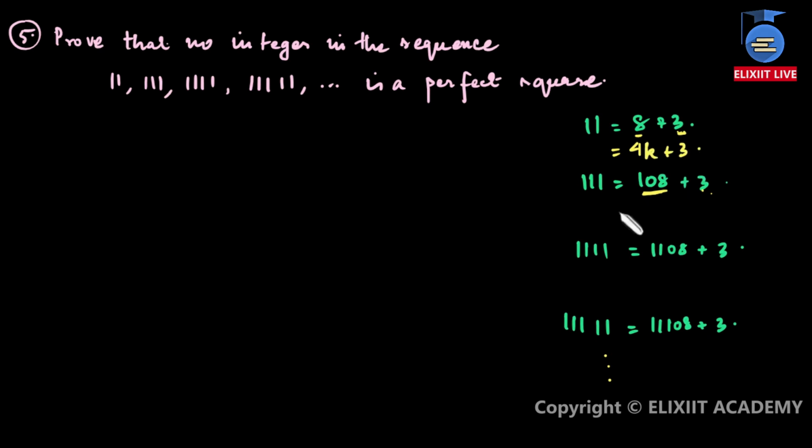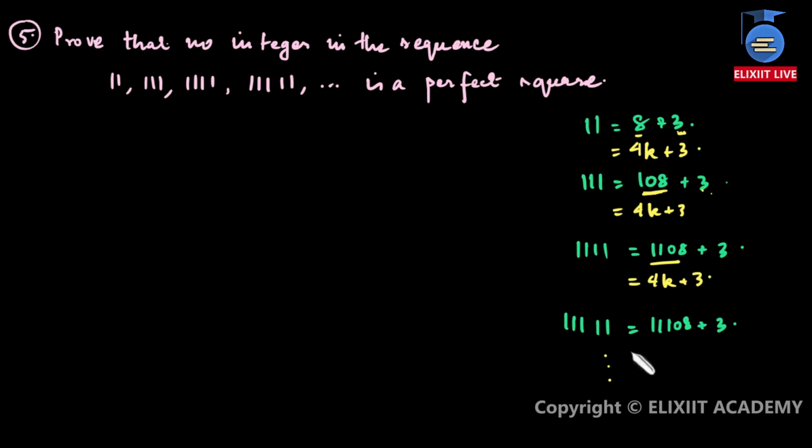This is once again of the form 4k plus 3. This is also of the form 4k plus 3, because this number is completely divisible by 4. If the last two digits of a number are divisible by 4, then the number is entirely divisible by 4, and you have learned this before as well.